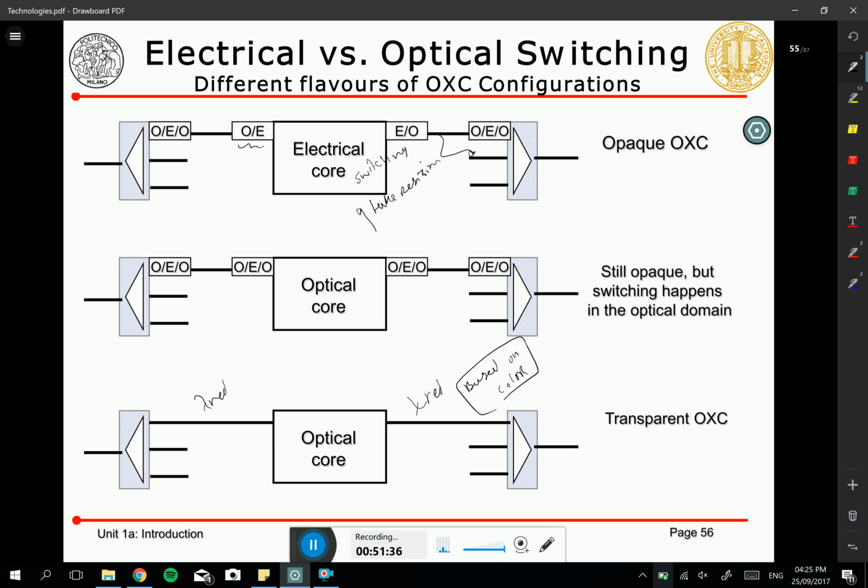People are going to use certain wavelengths to go very distant. You terminate, and this E is not needed for any switching or for any routing. This electronic conversion is just needed for 3R. You've been through long distance, you need to do reamplification, reshaping, retiming. So this is just regeneration.